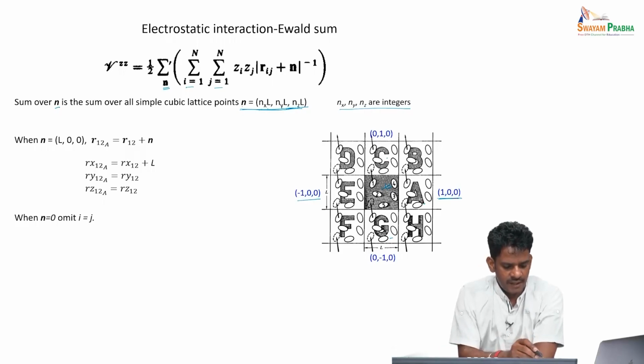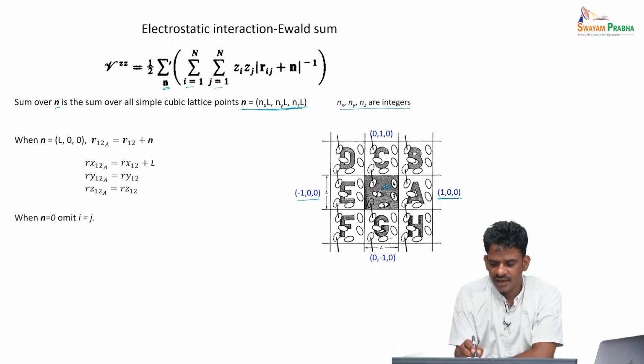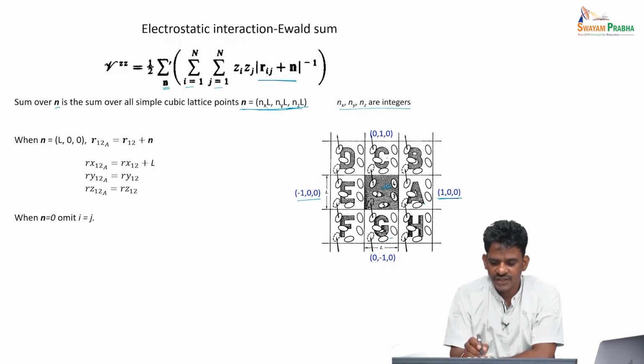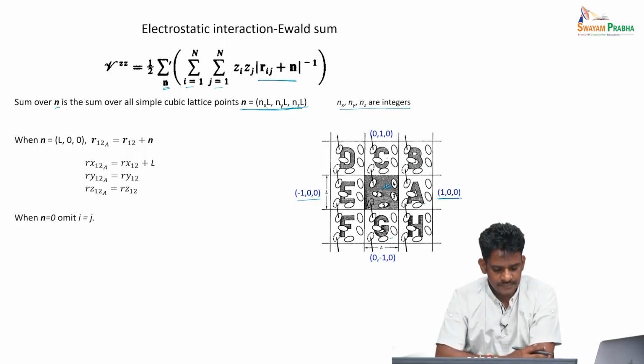Here is an example of what we mean by this vectorial separation distance between i and j. This i and j include not only particles in the central simulation box, but also among the neighbors.